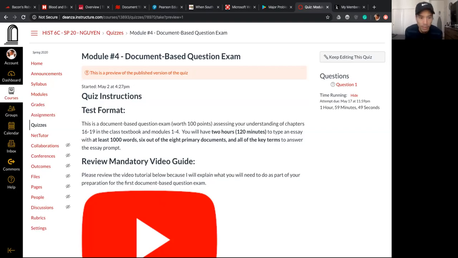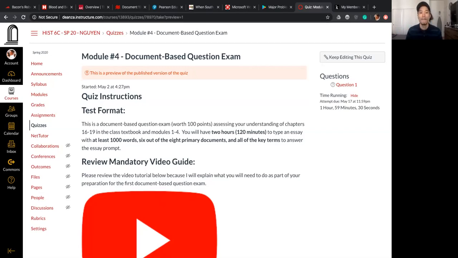So boilerplate stuff. This test itself will cover module 1 through 4. It will also cover the reading material from the textbook, chapters 16 through 19, okay? And you will have a 2-hour time limit. Now, I understand for some of you, like, oh my God, it's only 2 hours.